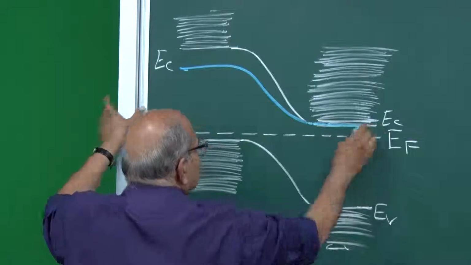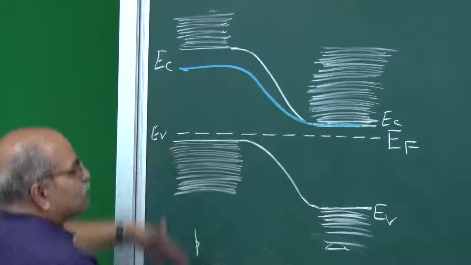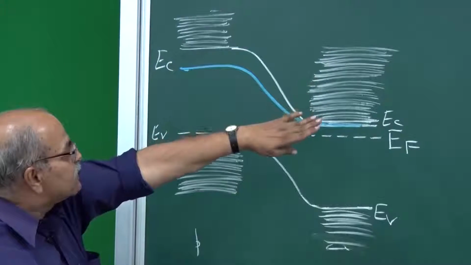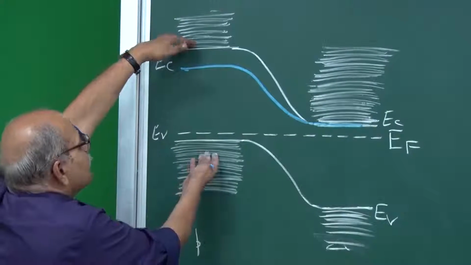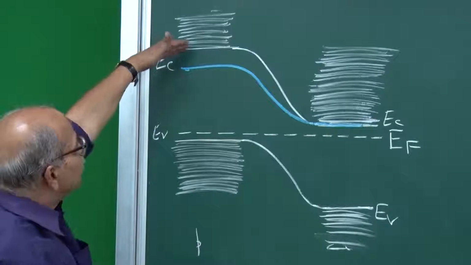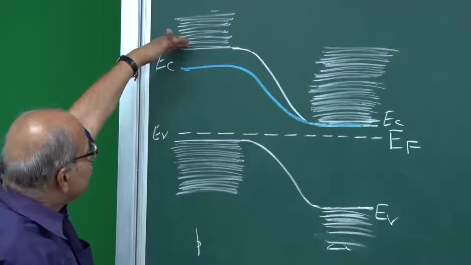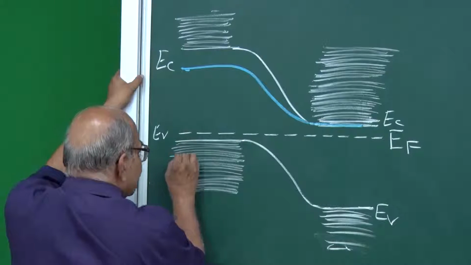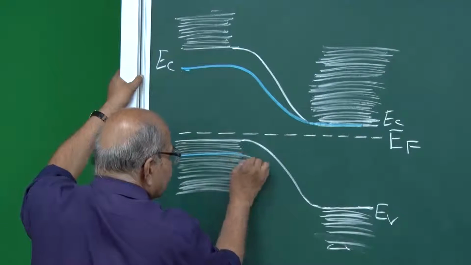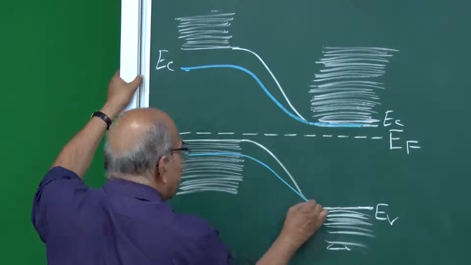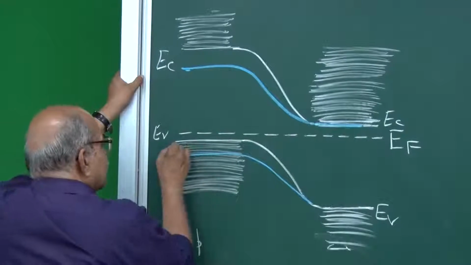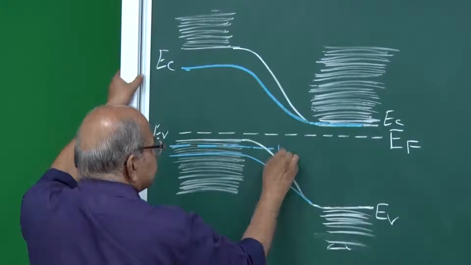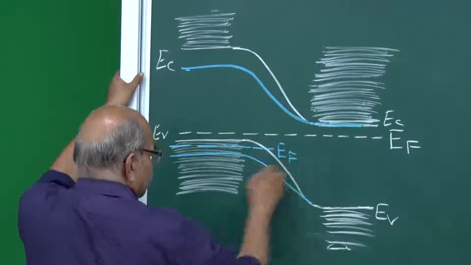Okay, it's all relative. The whole thing can be shifted up, shifted down. So by applying a voltage which is presumably small as compared to this, your new EC comes here, your new EV comes here, and the Fermi level also comes down. Here is the Fermi level, new Fermi level for P side.